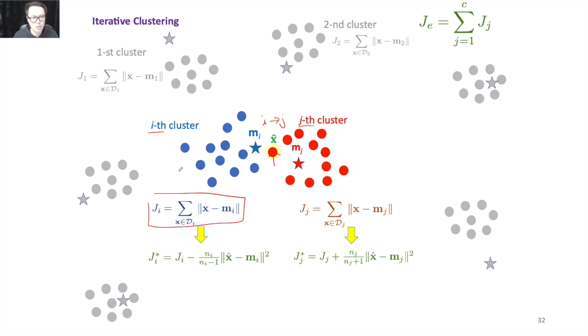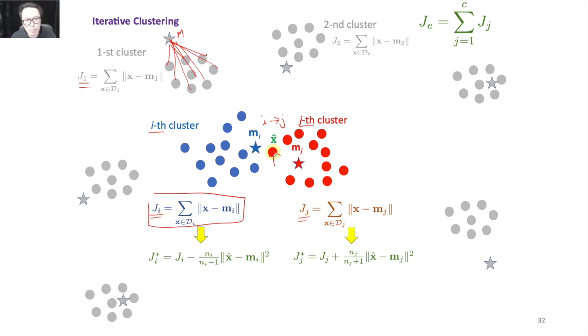To calculate this subcost, for example, this is the first cluster, M1. We sum up all the distances, which gives you J1. The same applies to J2, and to the ith cluster. So this is the cost Ji, and this is the cost Jj.